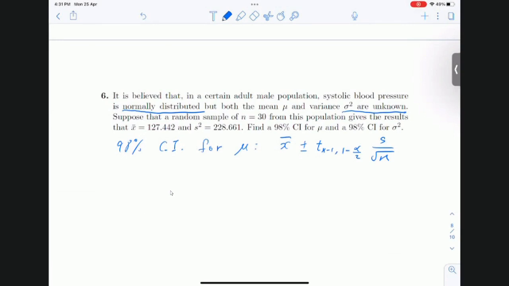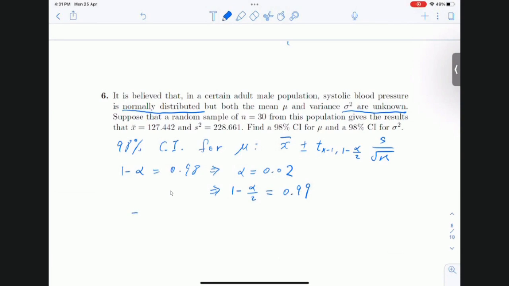Now we have 1 minus alpha equal to 98% or 0.98. So alpha is equal to 0.02, and 1 minus alpha over 2 is equal to 0.99.